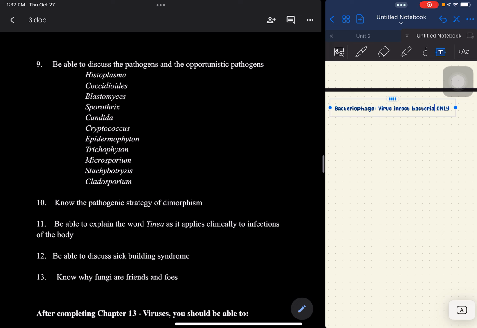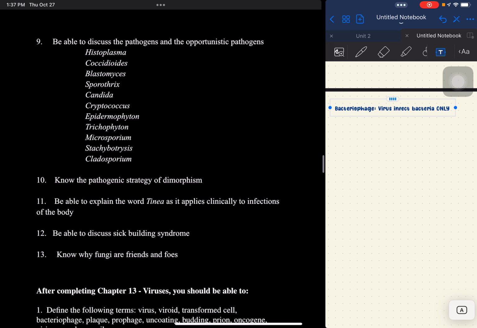Explain the word tinea and its clinical application to infections of the body. Tinea is a made-up name. It doesn't really exist other than in the medical world. Tinea means ringworm.